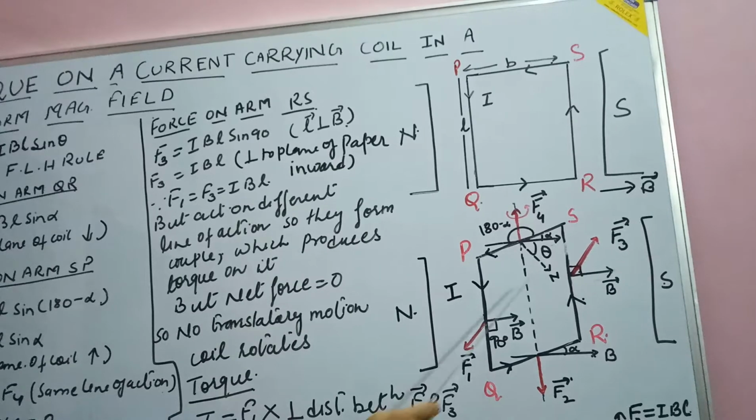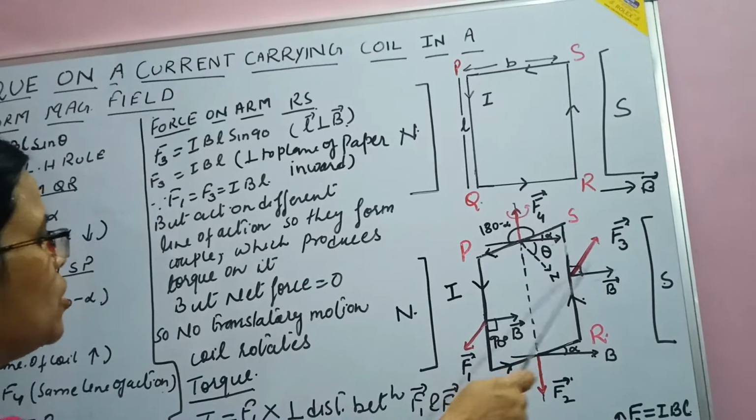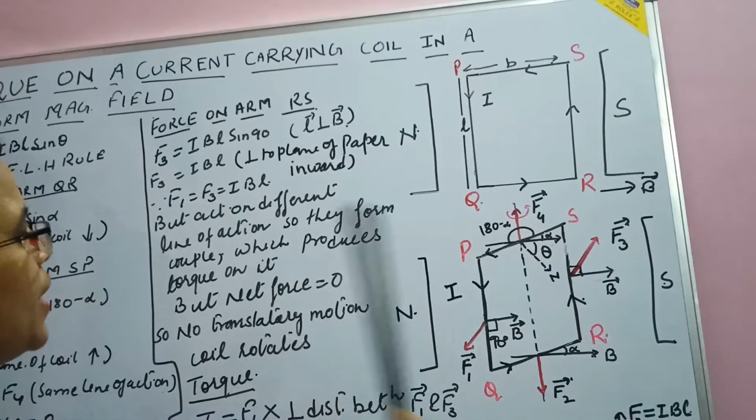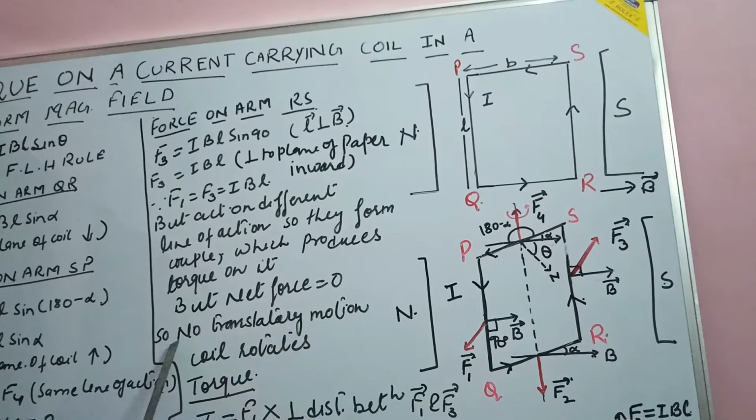Due to the couple, this force tries to bring the coil in the outward direction and this force tries to bring the coil in the inward direction. So in this way the coil rotates in the anti-clockwise direction. The net force on the coil is 0, so no translatory motion acts on the coil, but the coil under the effect of these two couples will be rotating.